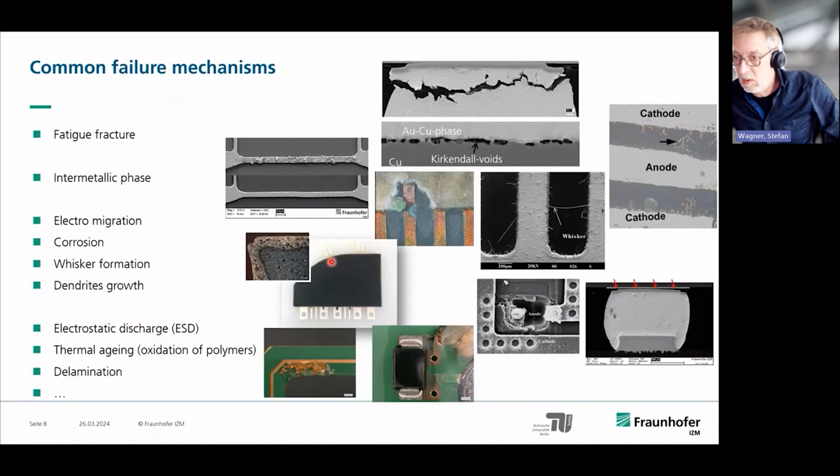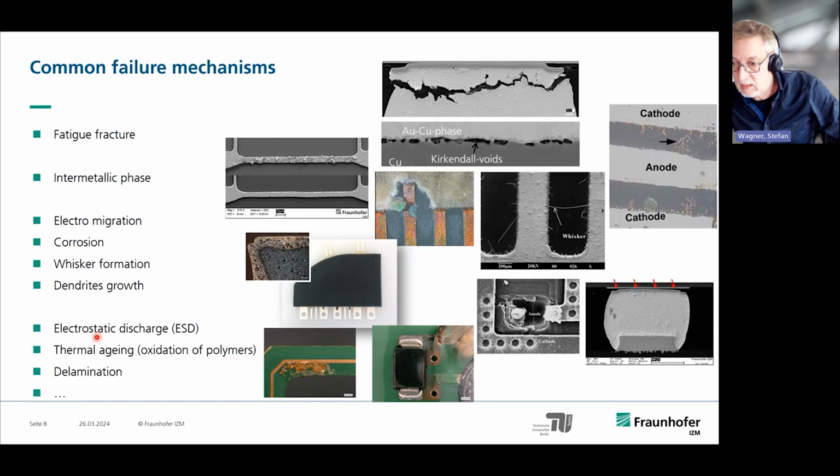But more common failure mechanisms in the system application: you have fatigue fractures. You have the growth of intermetallic phases. You have electromigration, corrosion. If you have humidity in the emission profile, whisker formation, dendrites, and mechanical vibration loads.